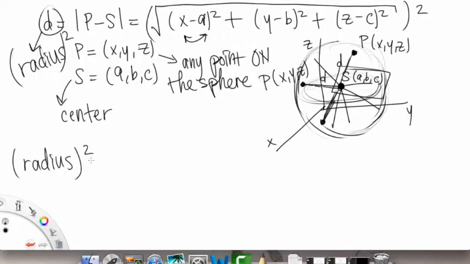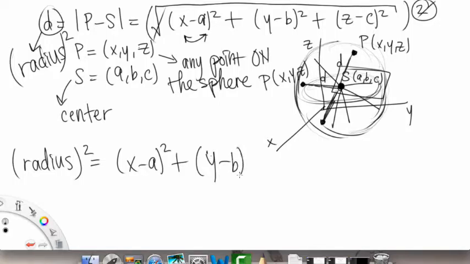and all of that squared is now equal to, so the squared exponent here and the square root sign cancel. Okay, so those cancel, and we just get (x minus a) squared plus (y minus b) squared plus (z minus c) squared. Okay, ignore this little x thing. Sorry if that got in the way there. But this is basically the equation of a sphere.